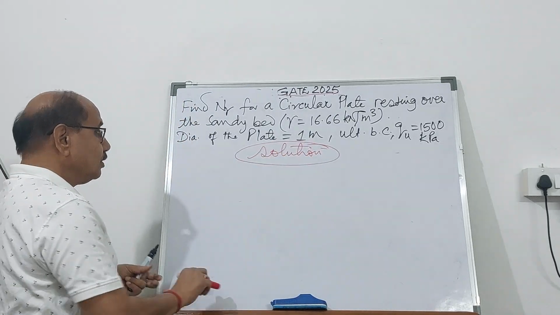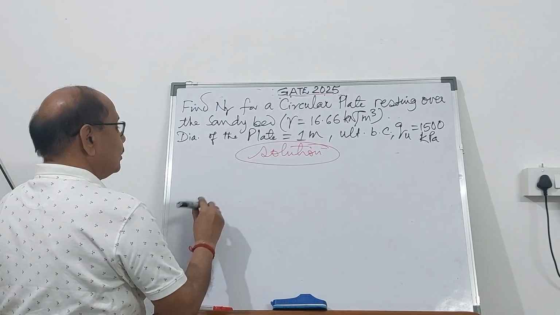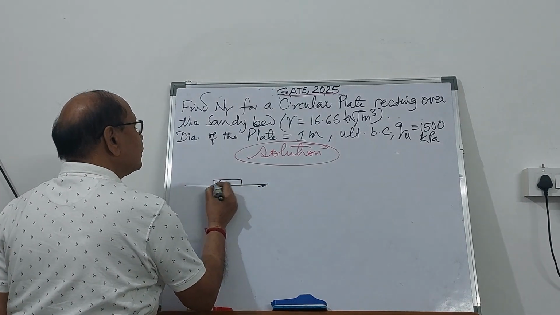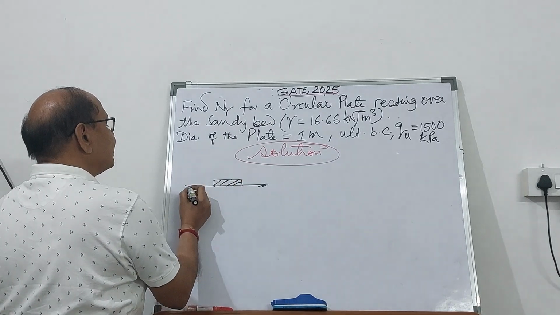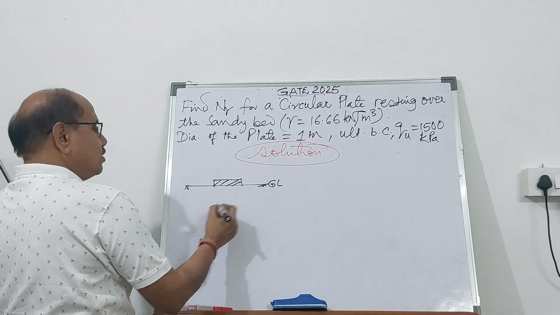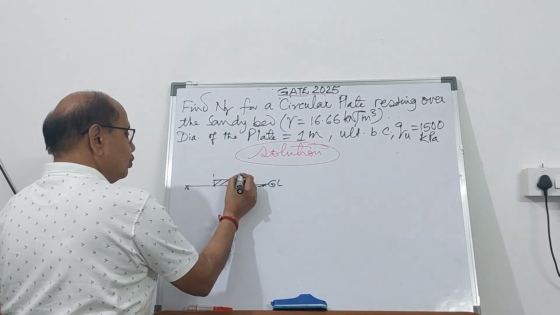How will you attempt? You say you have a circular plate. This is the circular plate, resting over the surface. So this is the ground surface. And this plate diameter is given to you.